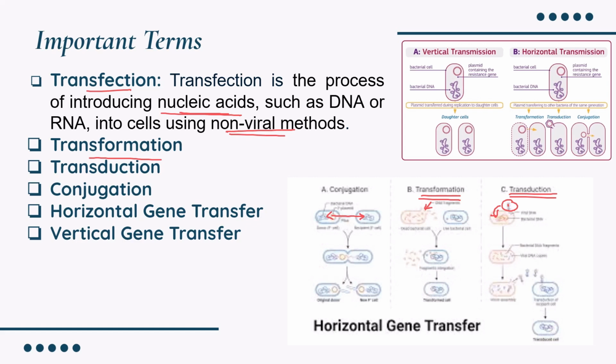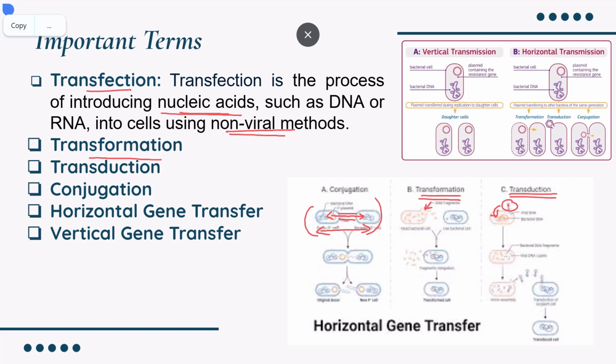F pili or conjugation pili will be established between two bacteria and the genetic material will be transferred. This type of conjugation is called horizontal gene transfer. In horizontal transfer, the transfer of genetic material occurs in the same generation.